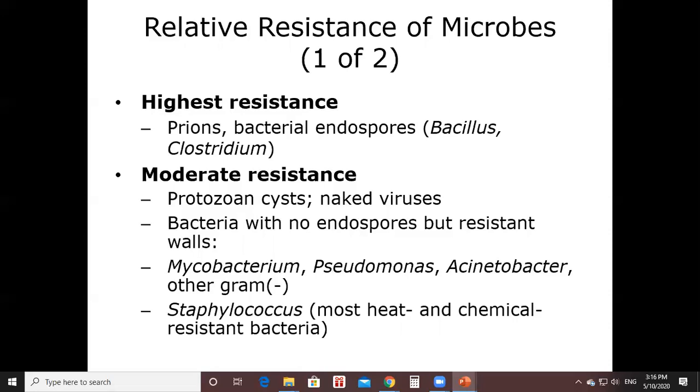Then you have moderate resistance. You have naked viruses, protozoans, and bacteria with no endospores but resistant walls. Then you have Mycobacterium, Pseudomonas, Staphylococcus, and most heat and chemical resistant bacteria with moderate resistance.